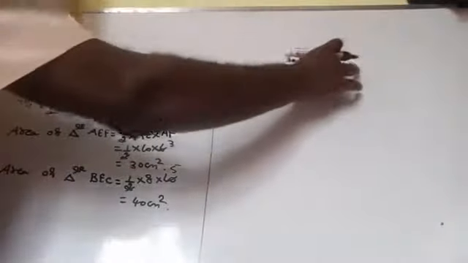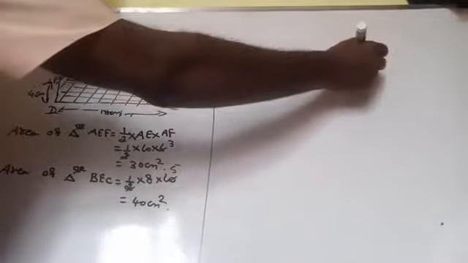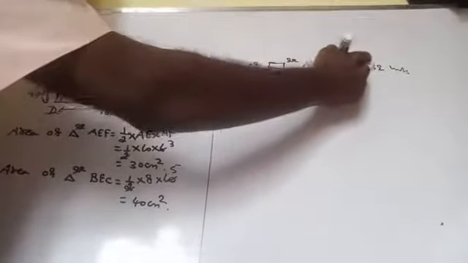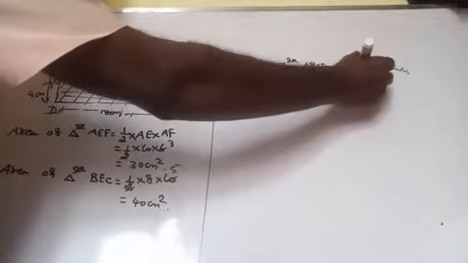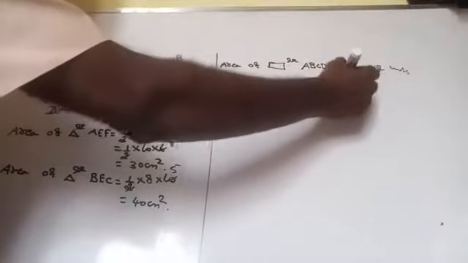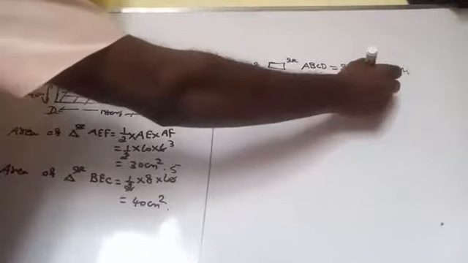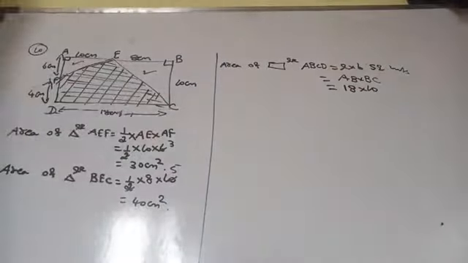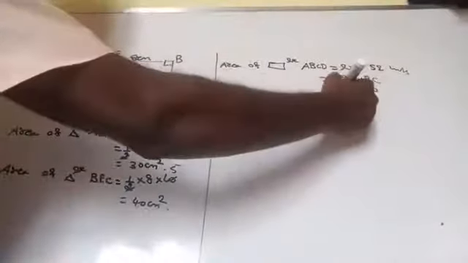Always first write length into breadth square units. Length is AB, breadth is BC. AB is 10 plus 8 is 18. Otherwise, here DC is given as 18. So 18 into 10 is 180 centimeter square.